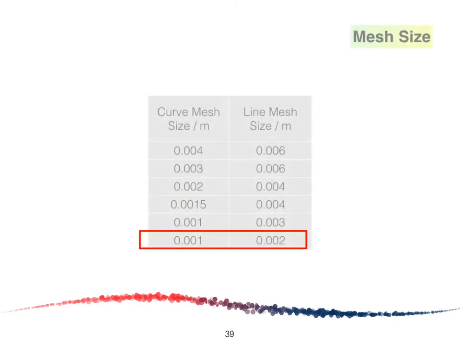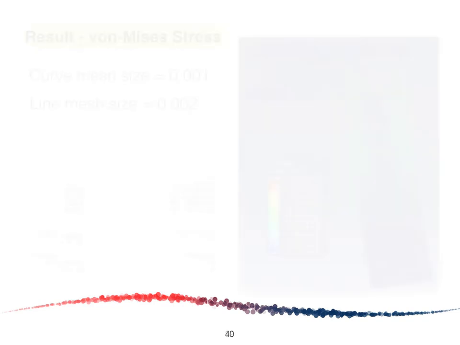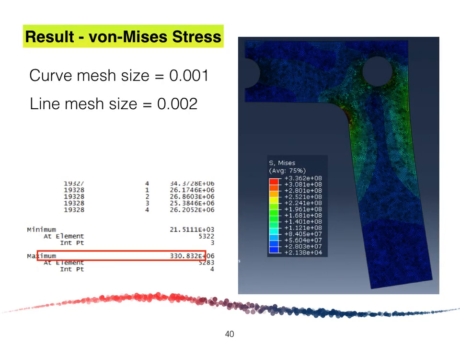For the curve it is 1 millimeter, and for the line it is 2 millimeter mesh size. In this case, the maximum stress is 330 megapascal, and the maximum element number is around 20,000 elements.